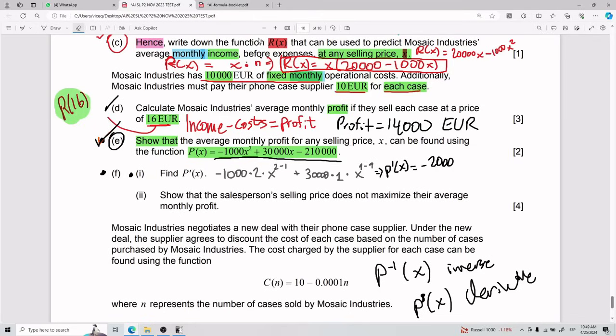So negative 2,000x plus 30,000. Because you had x to the power of 1 minus 1, you end up with x to the power of 0, and anything to the power of 0 is just 1. So it's 30,000 times 1. That is your derivative in this case.